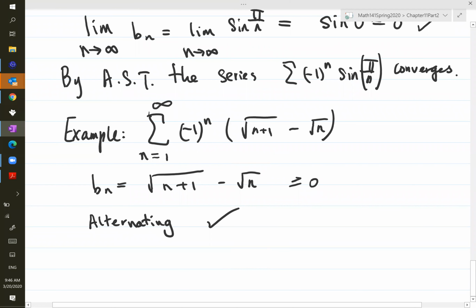So now we check whether it's decreasing or not.